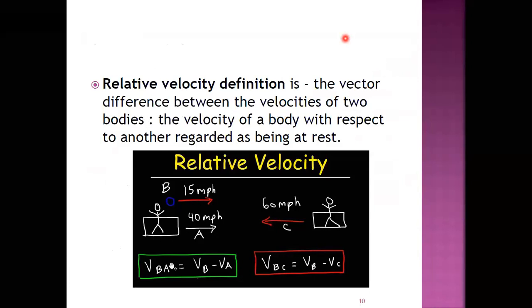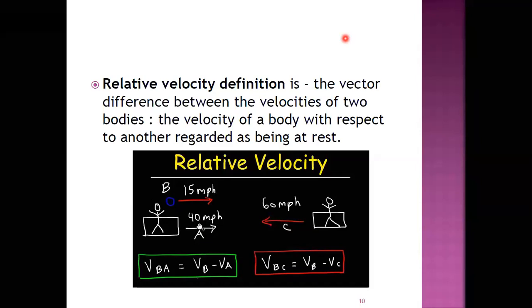Suppose you take this example. Here there is a point B, and here one man is there. The body B, in blue color, is moving around 15 miles per hour, and this man is moving around 40 miles per hour. Now I need to find the velocity of body B with respect to A, which is VB minus VA, that is 15 minus 40.